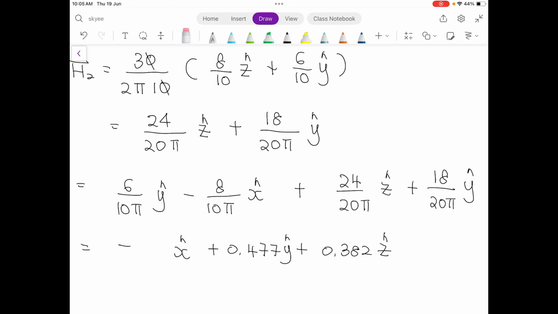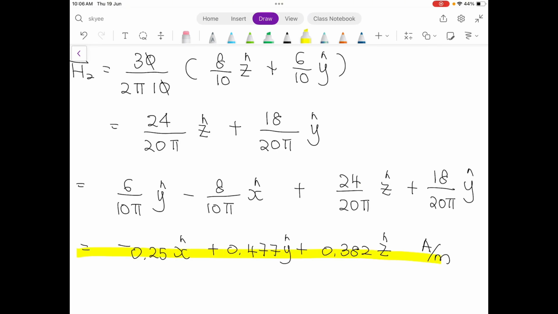For the x, I also want to convert to a number, which is 8 over 10 pi, 0.25. So the unit is amperes per meter. This is our final answer.